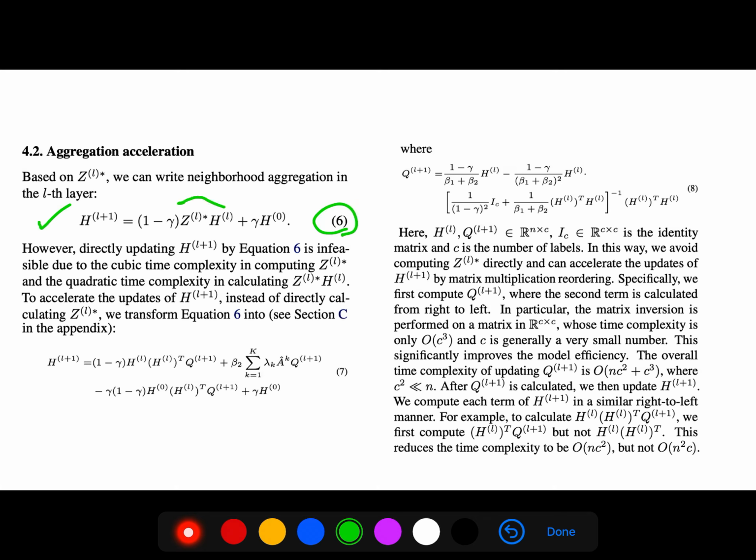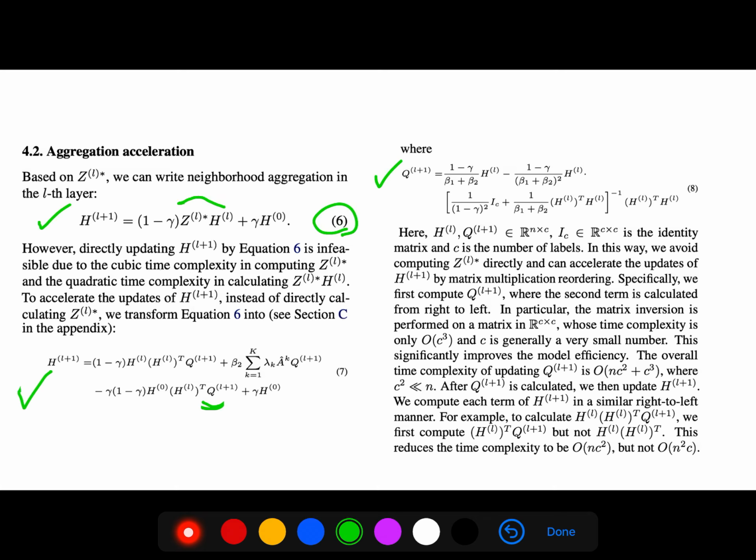To accelerate the updates, instead of directly calculating Z, we transform it into this one, where Q is here, I is the identity matrix and C is the number of labels. So we avoid computing Z directly and can accelerate the updates of H by matrix multiplication reordering.